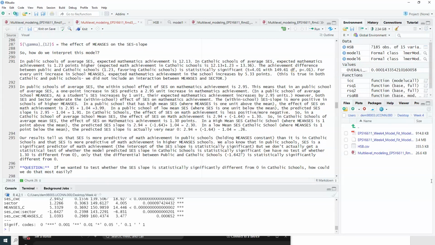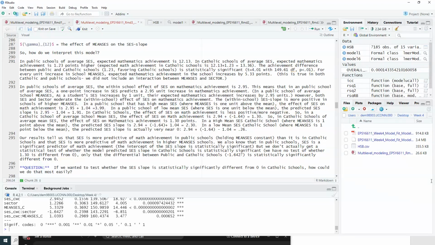That's gamma 1.0. That is the intercept of the slope. So it's when everything in that model is 0, which is when sector is 0 and when mean SES is 0, for every within school increase of 1 unit on SES, I expect a 2.95 unit increase on math achievement.